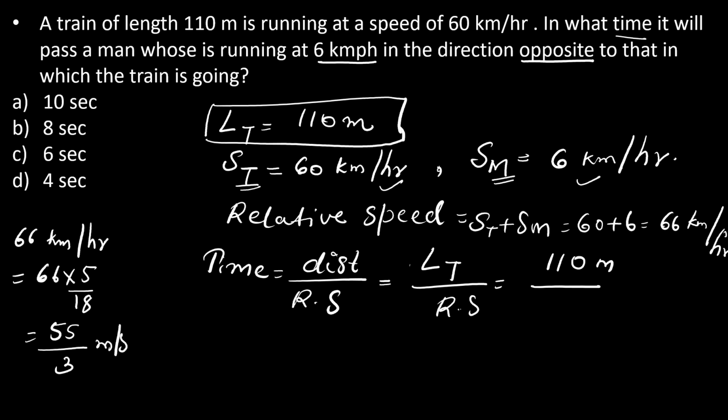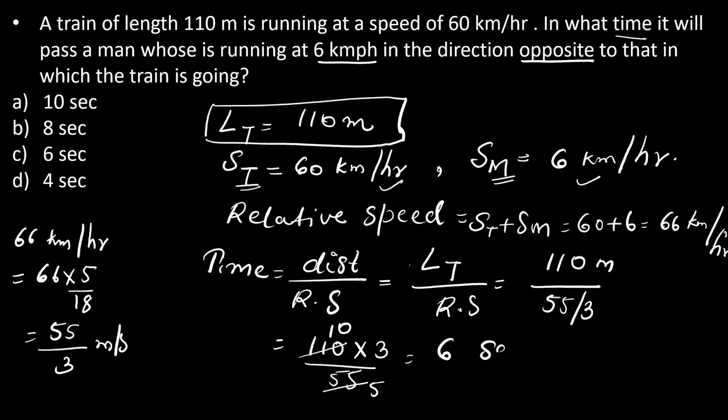So the relative speed is 55 by 3. Now the time is 110 into 3 by 55, that is 10, 5, 30 by 5, which is 6 seconds. This is the time taken for the train to pass a man who is running in the opposite direction.